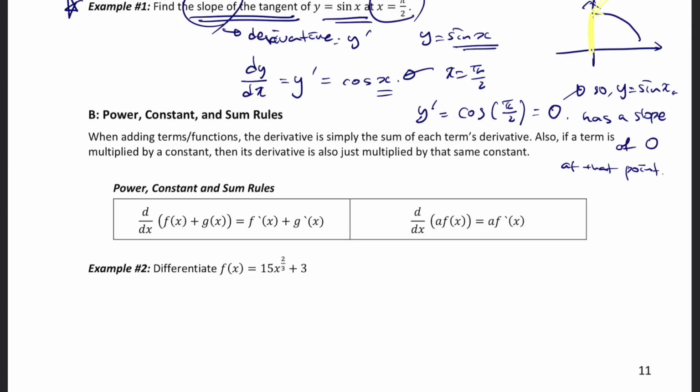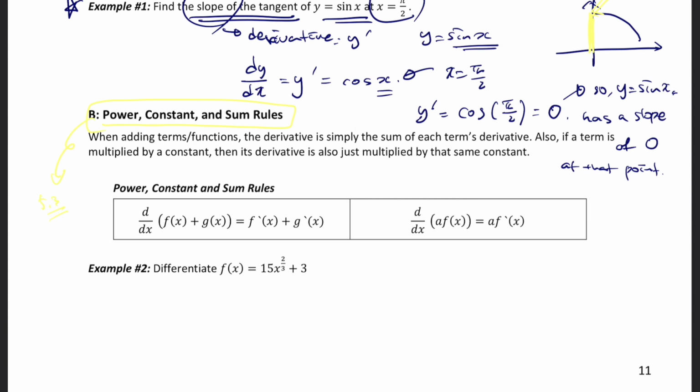Okay, then let's talk about the power, constant and sum rule. We already discussed this rule in section 5.3. The correct name of that derivative of polynomials rule is the power, constant and sum rule, but the name doesn't matter. What we need to know is how to solve this kind of question.